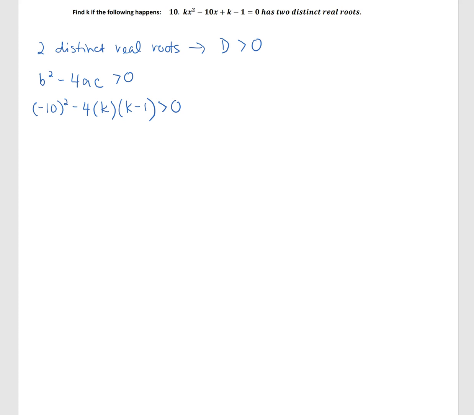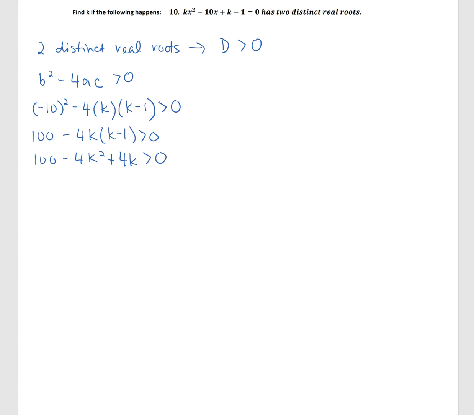So I'm going to start just by evaluating this out a little bit. Negative 10 squared is 100. And I have 4k times k minus 1. So multiplying that 4k in, you get negative 4k squared plus 4k is greater than 0.